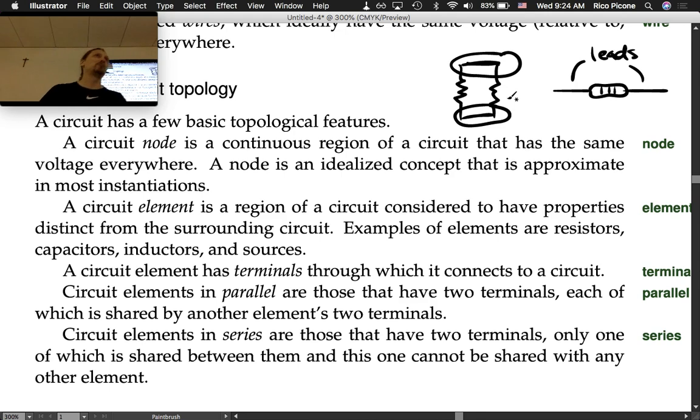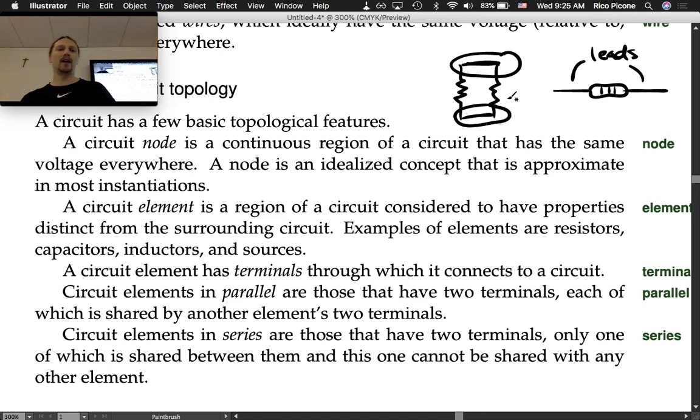Capacitors are like this, resistors are like this, inductors are like that. Every manufacturer does things a little bit differently, but for the most part they have a lot of similarities, and they're relatively uniform. And we can expect certain behaviors from them.